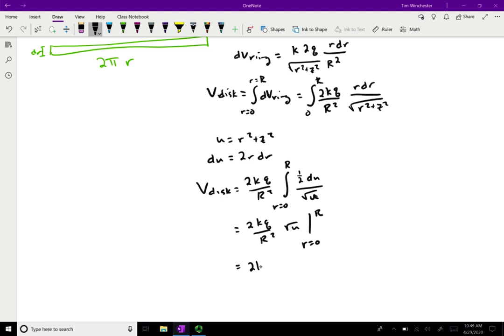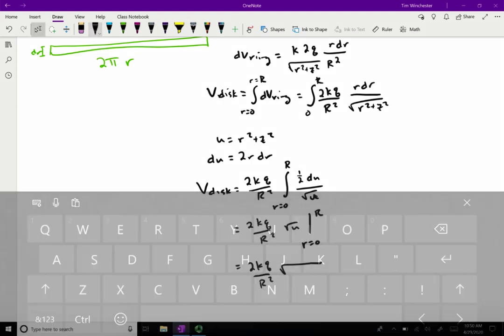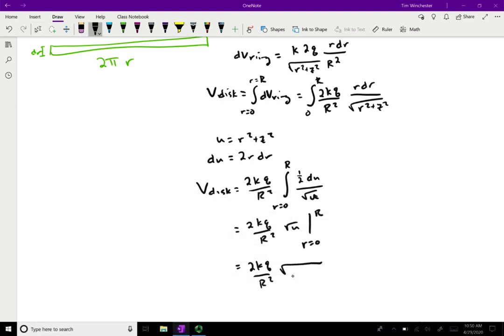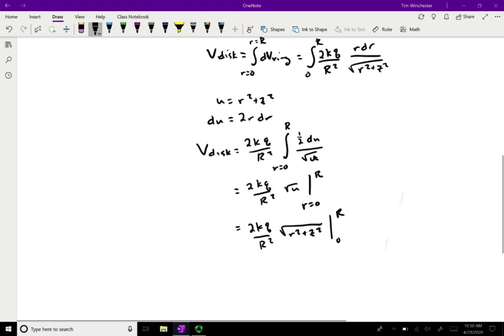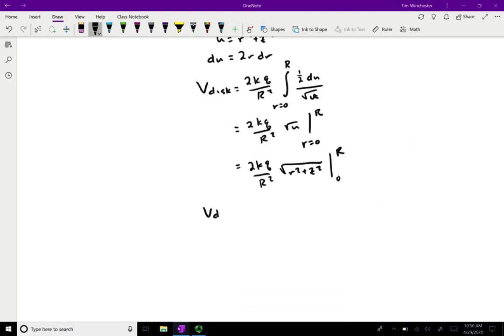So 2kq over capital R squared times square root of my expression for u, which is r squared plus z squared, evaluated from 0 to R. So now if I plug that in, what I get is V disk is equal to 2kq over R squared times the square root of R squared plus z squared minus the square root of z squared.